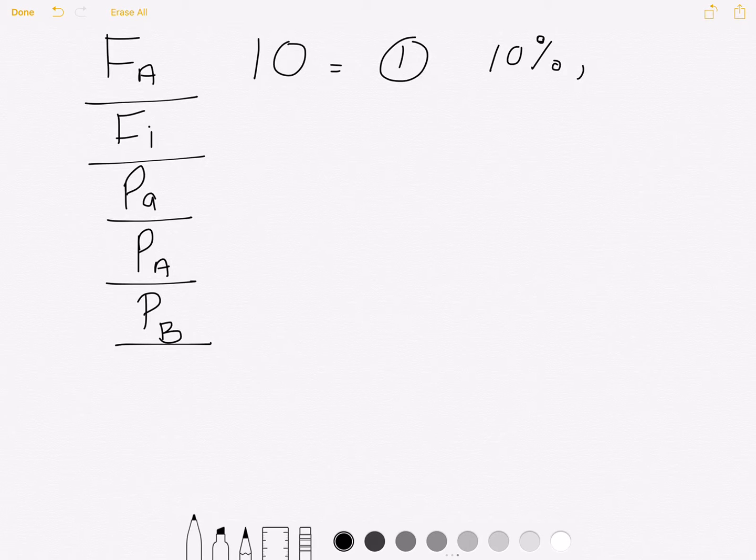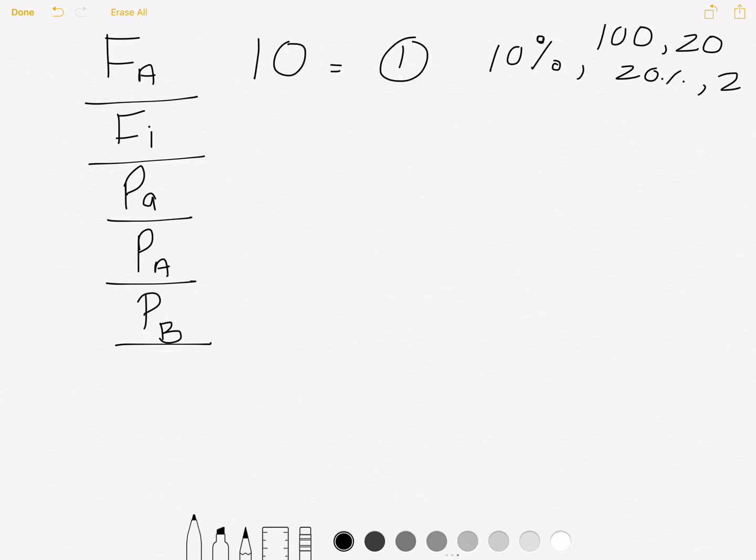Similarly, if the total gas in the alveoli is 100 parts and anesthetic is 20, then it's 20%, or 2 out of 10. So it's a fraction of the anesthetic in the total gas mixture in an alveolus.